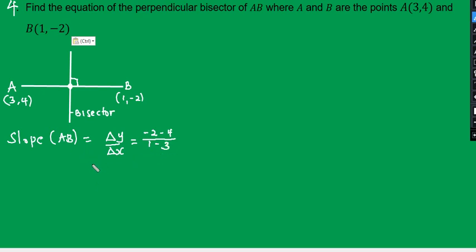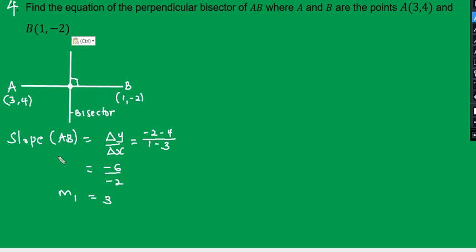This slope is going to be -6 over -2, and we get +3. So this is the slope. Let me call it M1, the gradient of my line AB.